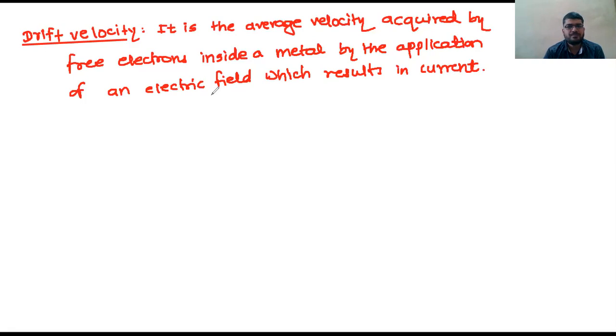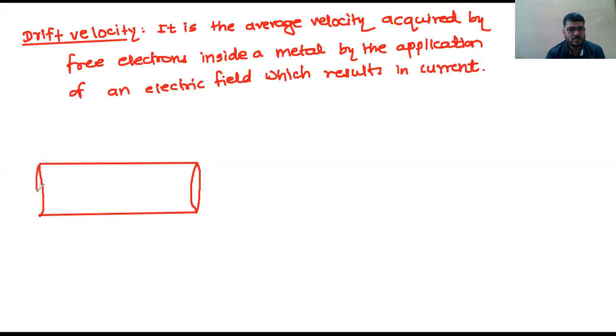Now, first of all, let's try to understand what this drift velocity is. For that, I am taking a conductor and showing you how the changes take place before application of the electric field and after application of the electric field. Like this, a conductor is there.